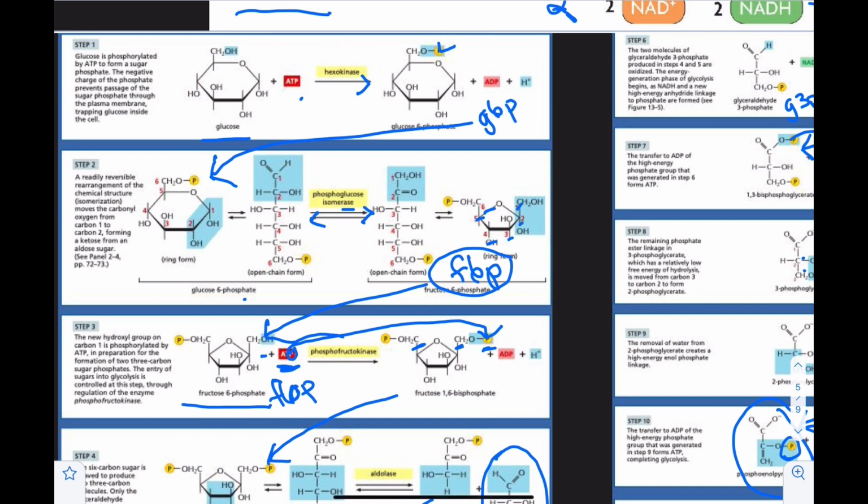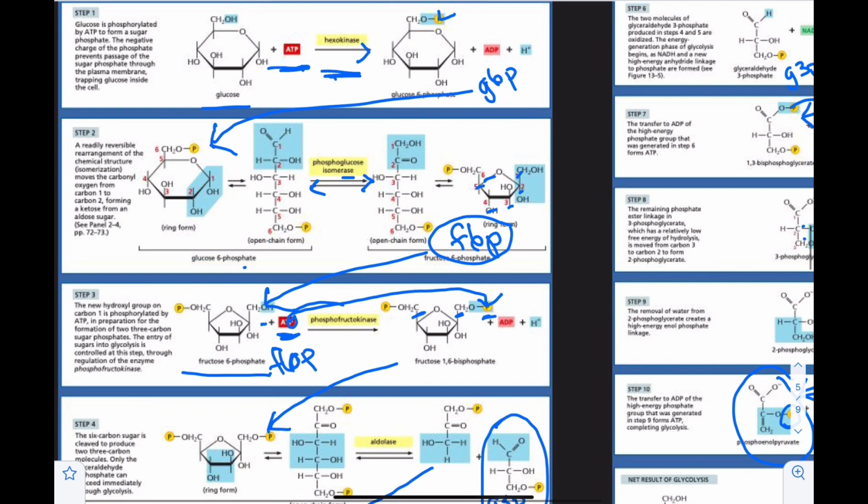Remember I said in class that when a reaction is coupled with ATP, it will go in the forward direction. An energetically favorable reaction goes in the forward direction. So here you see there's ATP, it's going in the forward direction.